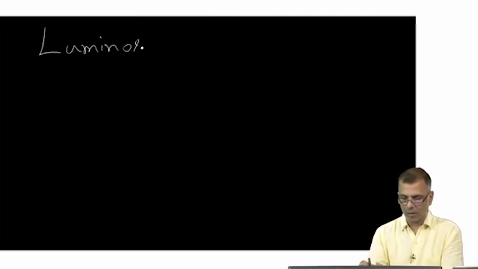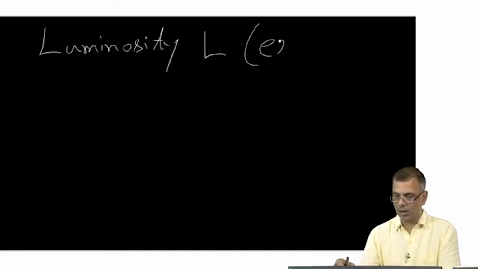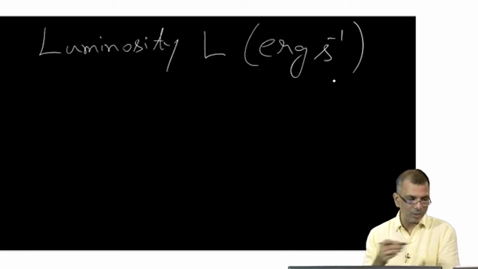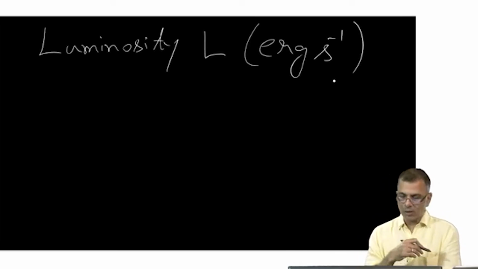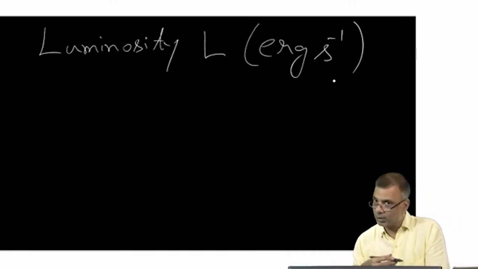Suppose the infalling matter comprises just of ionized hydrogen, so there are just protons and electrons. And the luminosity of the central object, and the luminosity is essentially ergs per second. This is the observed quantity. The luminosity of the central object is some L. The object is luminous because it is emitting photons.